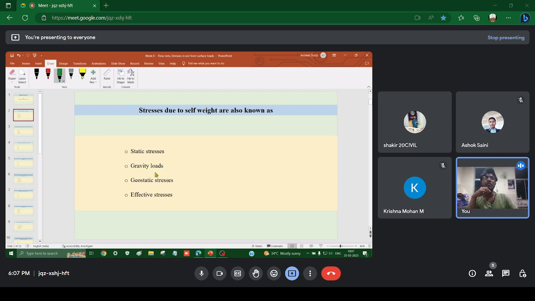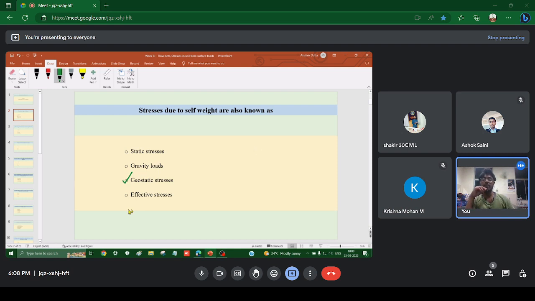There can be a ground where buildings have been built and gravity loads might be acting on them, but that is not because of self weight. So, geostatic stress is a body's self weight that is acting because of gravity. Good. Stresses due to self weight, also known as geostatic stresses.